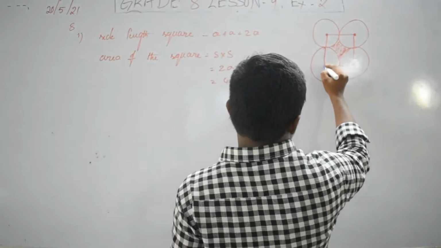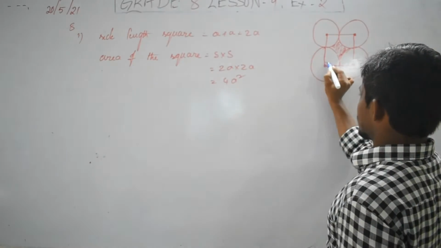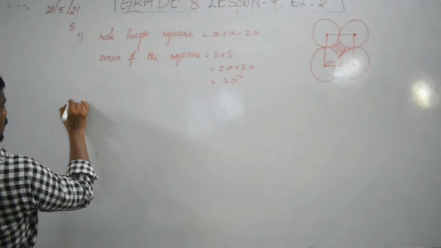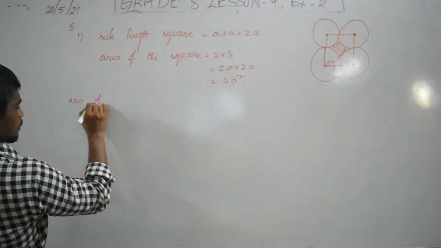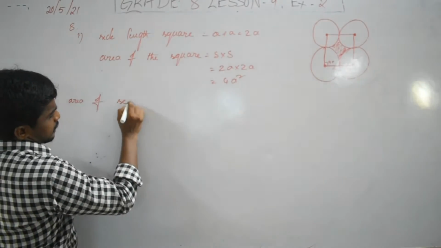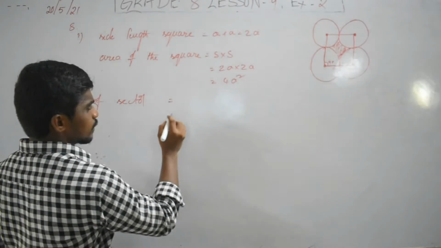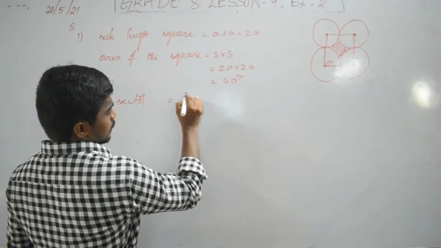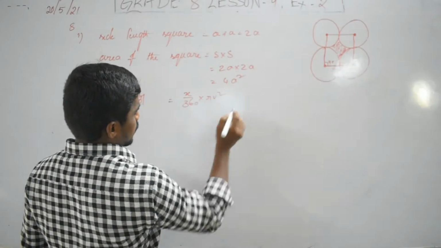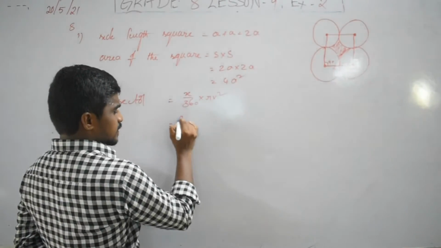And next we find the area of this sector. Here see, the angle is 90 degrees. So the area of the sector is x by 360 times pi r square. The x value is 90 degrees.